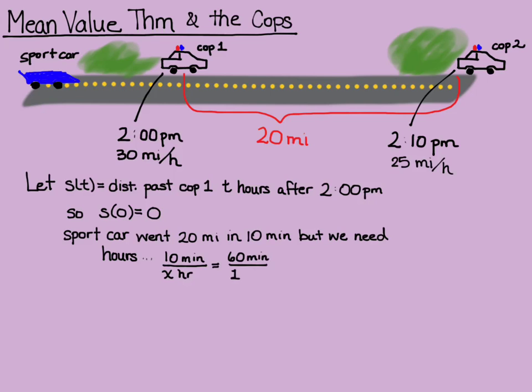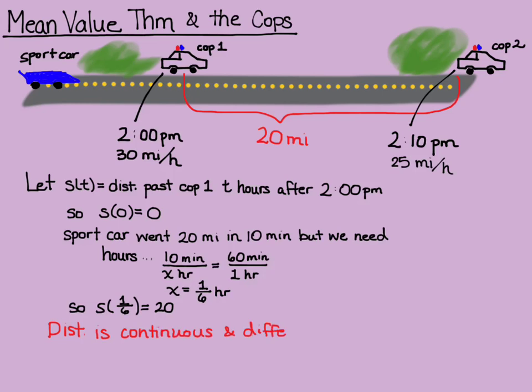So 10 minutes over x hours is 60 minutes over 1 hour, and we solve for x. We're left with x equals 1/6 of an hour. So S of 1/6 equals 20, because we know that the car has traveled 20 miles at time 1/6.